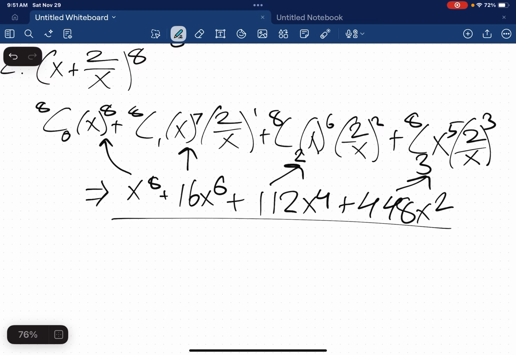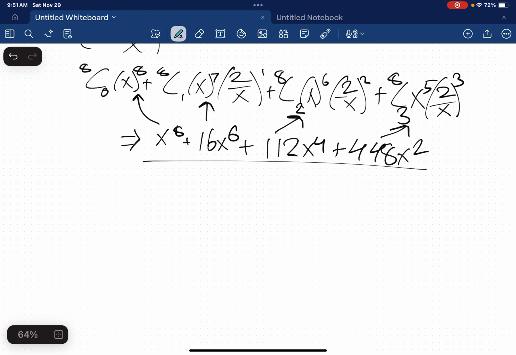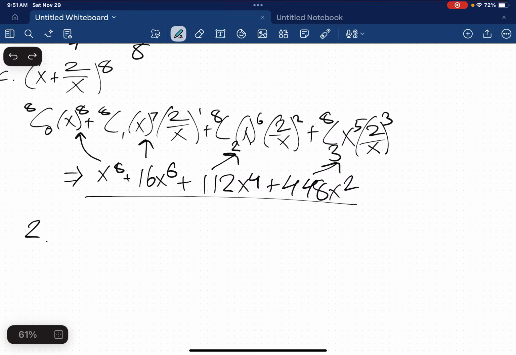That is our answer. On to number 2. I'm not gonna show the math for most of these just because it's simple math. The issue is it's just gonna take forever for me to write it all out. If your teachers want proof, just remember what the definition of a combination is.